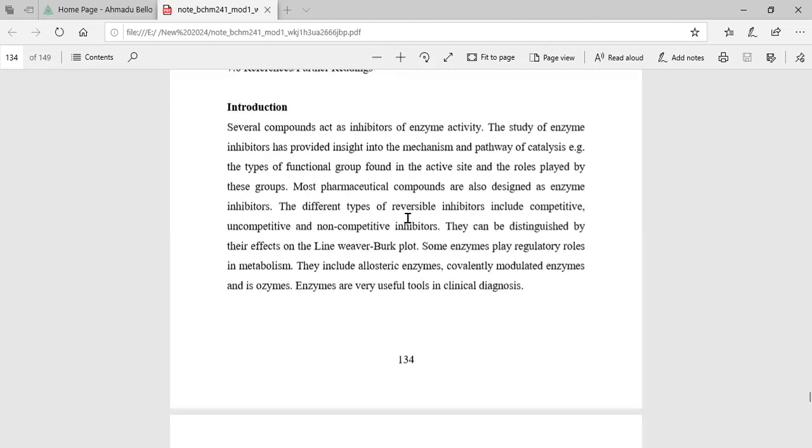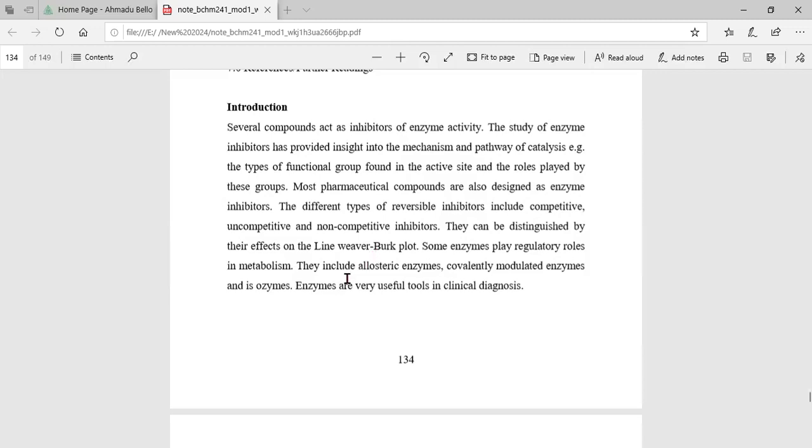So by way of introduction, we can say that several compounds that we see as pharmaceutical products or drugs being produced by pharmaceutical industries act as enzyme inhibitors by inhibiting the activity of the enzyme.